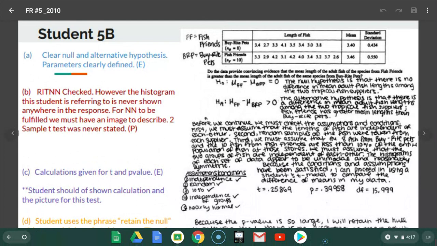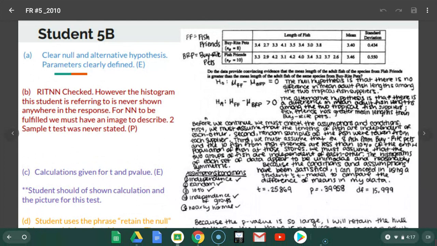Random samples were taken. We assume that 8 and 10 are less than 10% of the population. And we must assume that the 2 groups of fish are independent of each other. So we've covered our R, I, T right there.